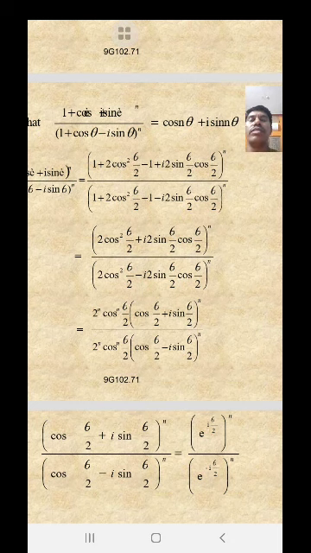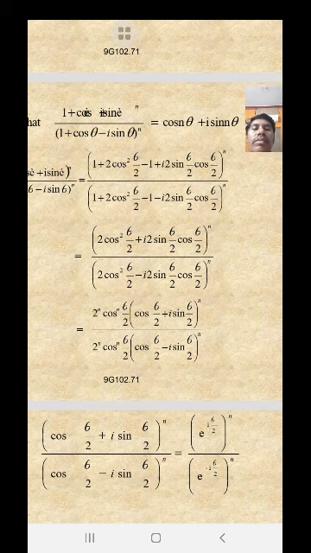That equals to, plus 1 minus 1 get cancelled, (2 cos square theta by 2 plus i into 2 sin theta by 2 cos theta by 2) whole power n by (2 cos square theta by 2 minus i into 2 sin theta by 2 into cos theta by 2) whole power n.